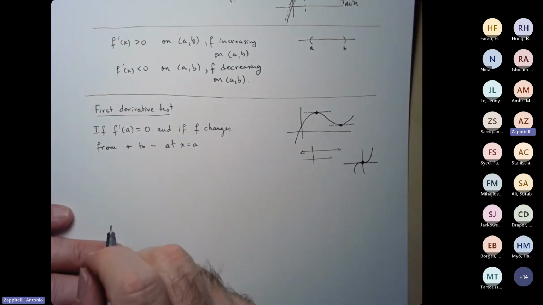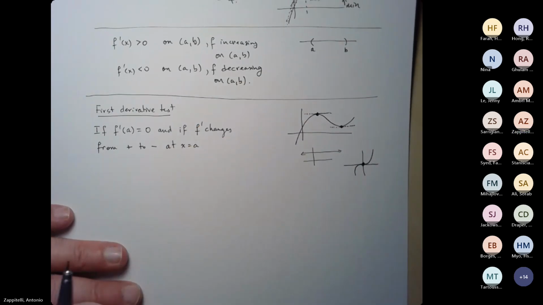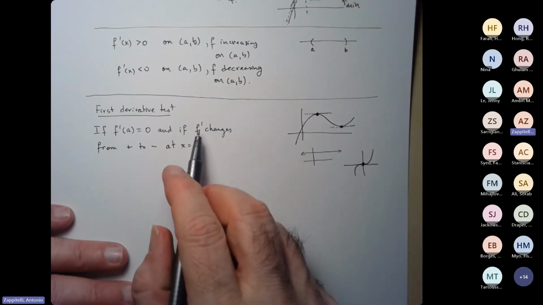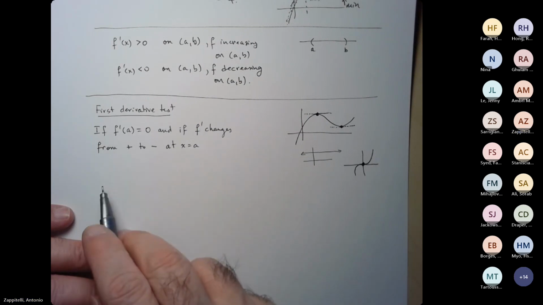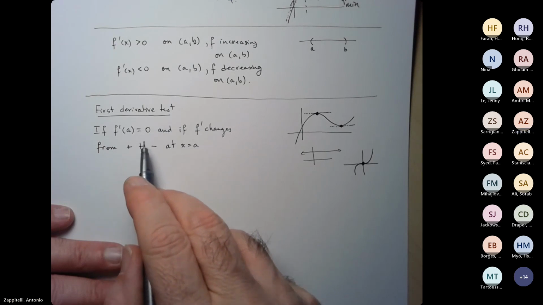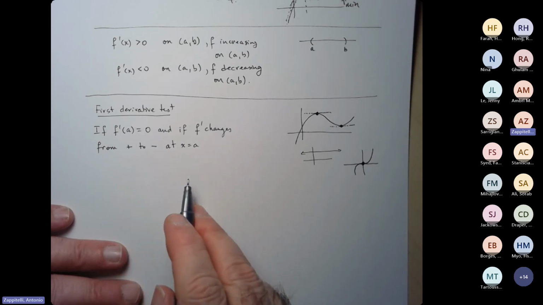So what does that tell us? Remember, if the first derivative f prime is positive, what does that tell us about the function? It's increasing. And then it changes to negative. What does a negative first derivative mean? Decreasing.